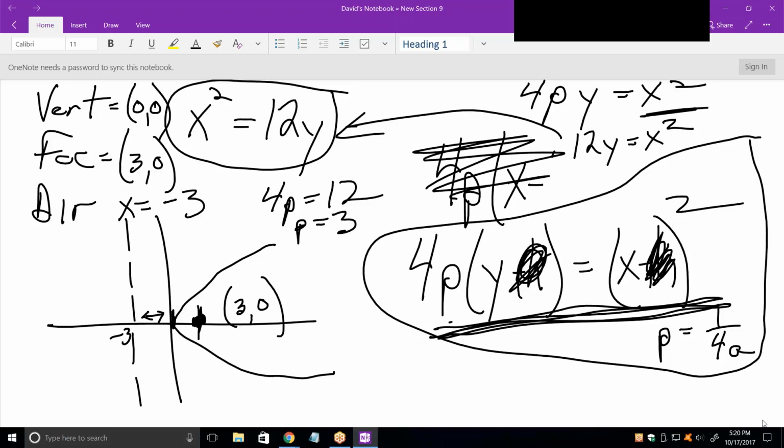And it doesn't matter whether it's horizontal or vertical. If I had a vertical parabola like that, and my focus was somewhere like that, well, now my directrix is the same distance. That distance is P. That distance is P. That's why P is so critical when you're talking about parabolas that are conic sections.